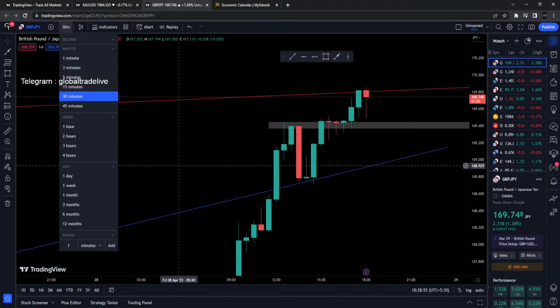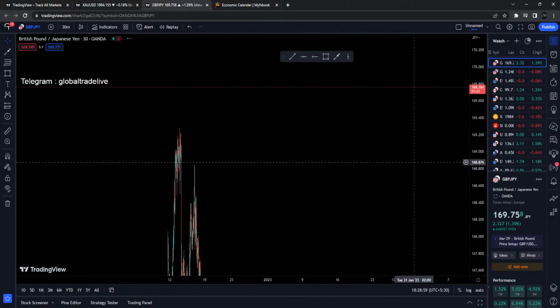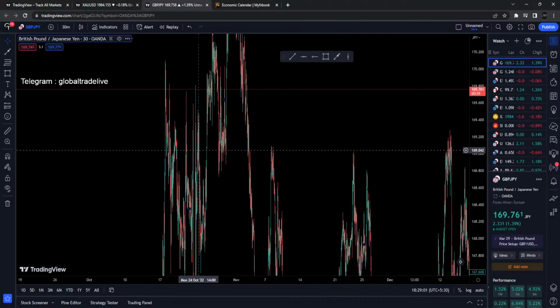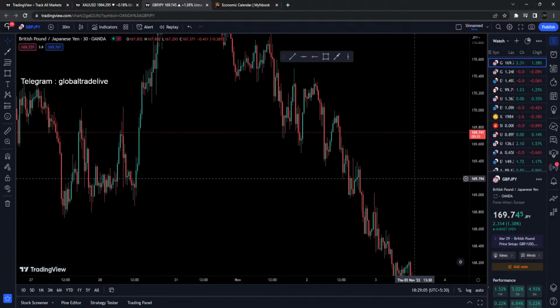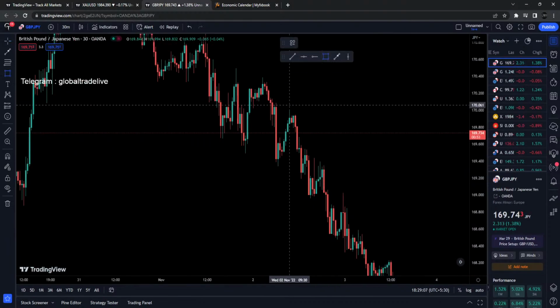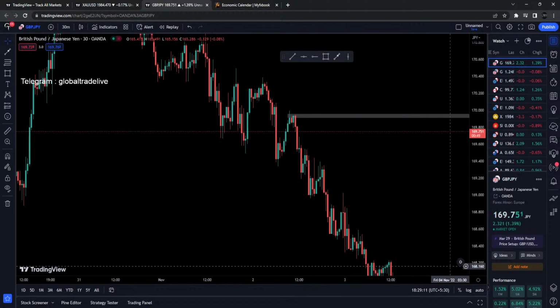And if I look at the 30-minute, then if we look on the left, let's see if we have some clean range over here, or what do we have. So if I look on the left, then we have some clean range till this point.